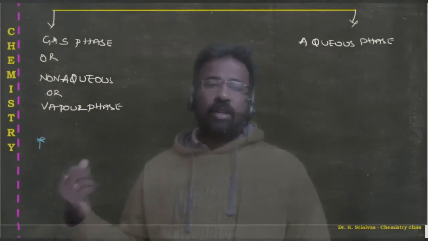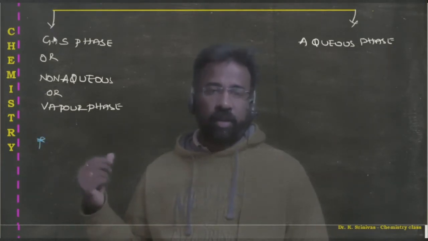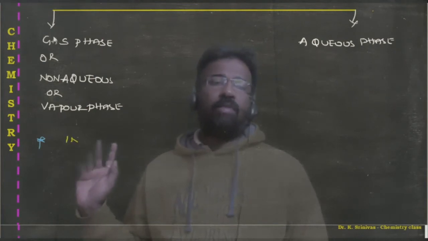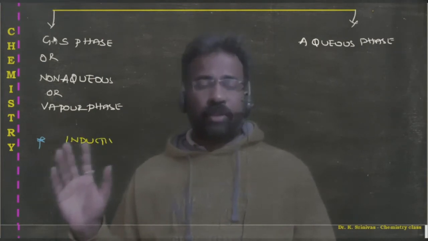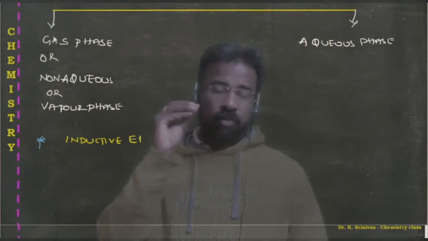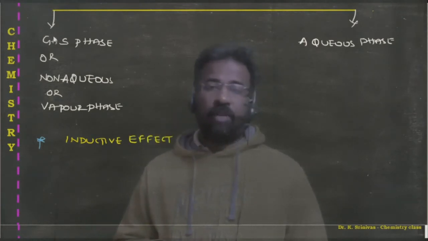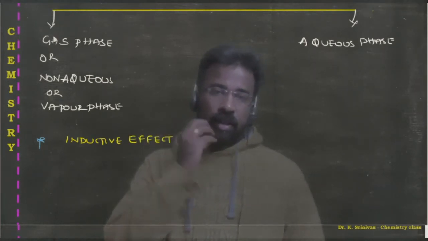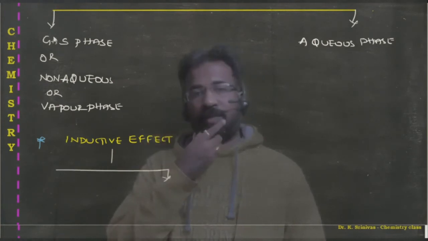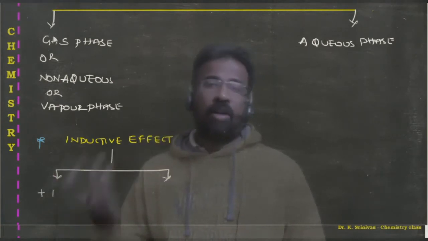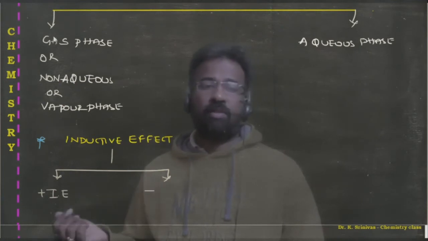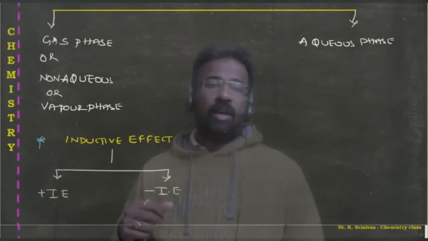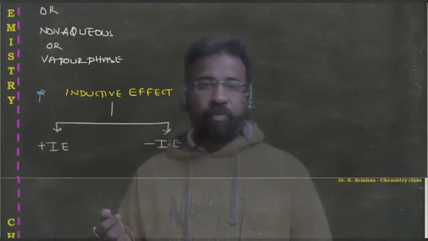Let us check what factors influence this basicity. The first one is the inductive effect, which is very important. The inductive effect depends on the group present, which may be a donating group or a withdrawing group. Based on this, we divide into plus and minus inductive effect groups.